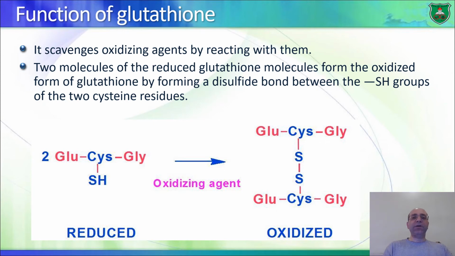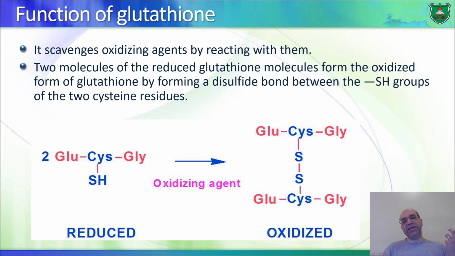The main function of glutathione is to protect our cells from oxidizing agents, that is, reactive oxygen species, free radicals, and so on. So radicals, again, these are molecules or groups that are missing an electron, and they are very reactive. They want an electron from any group.